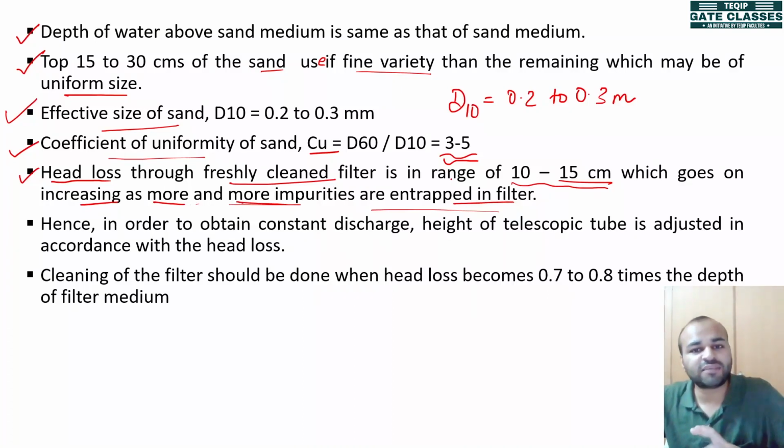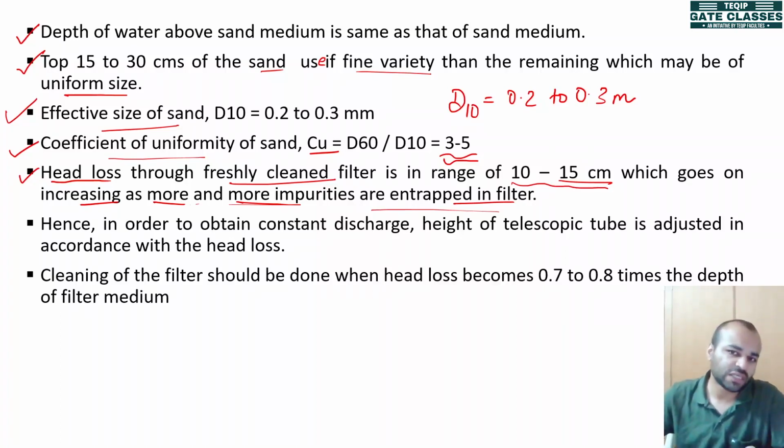As the filter medium gets more and more choked, the flow of water will be easier or difficult? The flow of water through that filter medium will be much more difficult. Hence, as more and more impurities are entrapped, the head loss keeps on increasing.